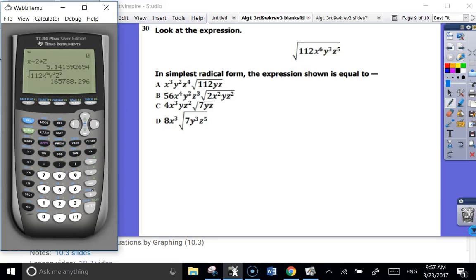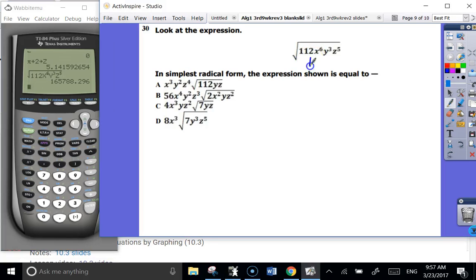So when I turn this into a decimal, I'm getting 165,788.296, right? And then if you do the same thing now, I think in the end this one's going to end up being 4. I think it ends up being this one right here.